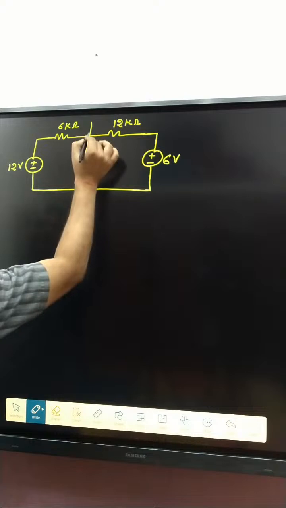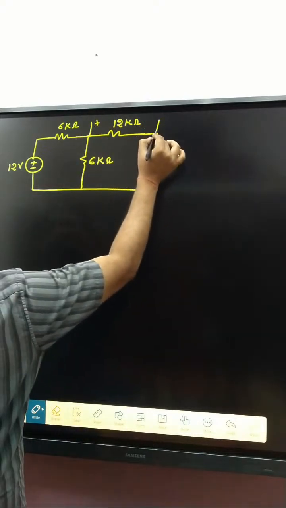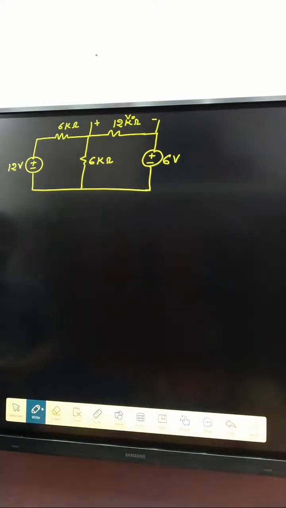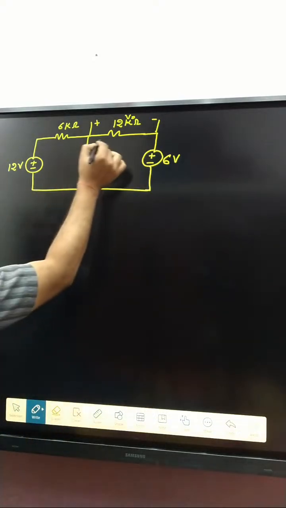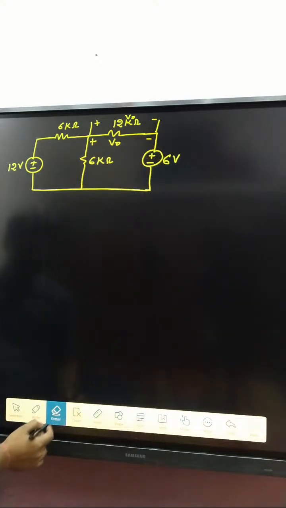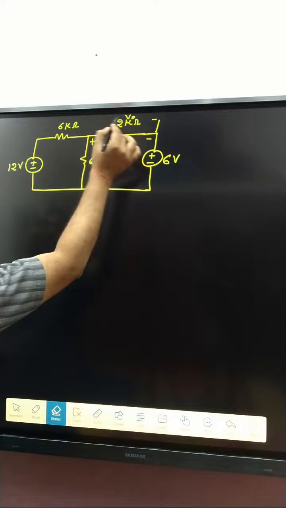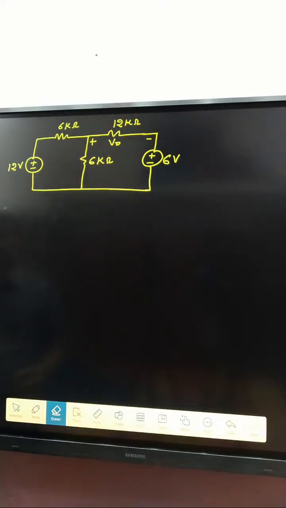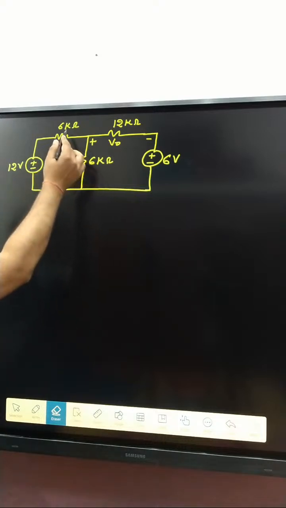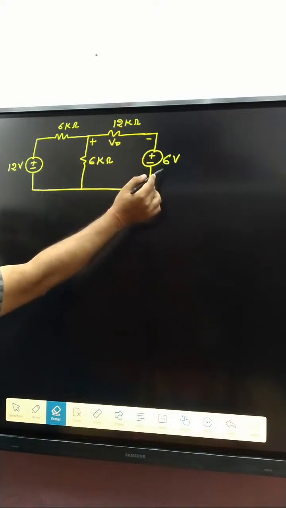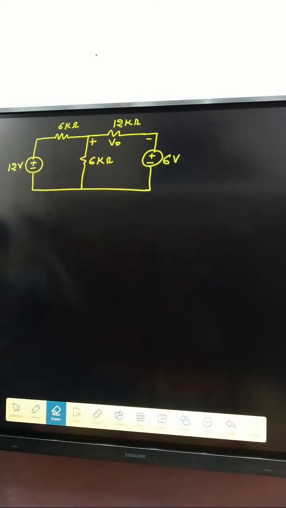Our motto is to determine V naught, where here is plus and here is minus. Polarity is already given. Okay, so 6 kilo ohm, 6 kilo ohm, 12 kilo ohm, plus minus 6 volt and plus minus 12 volt.